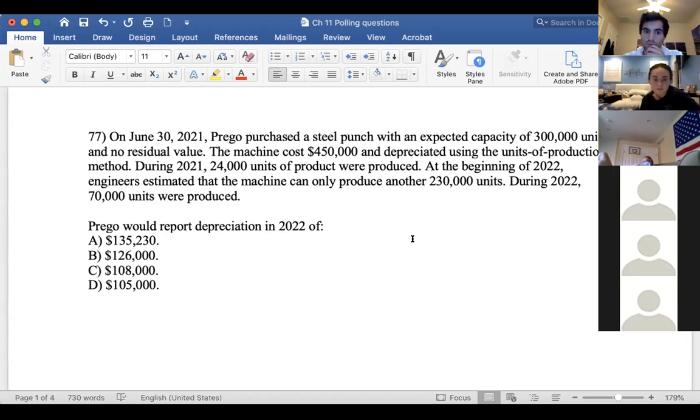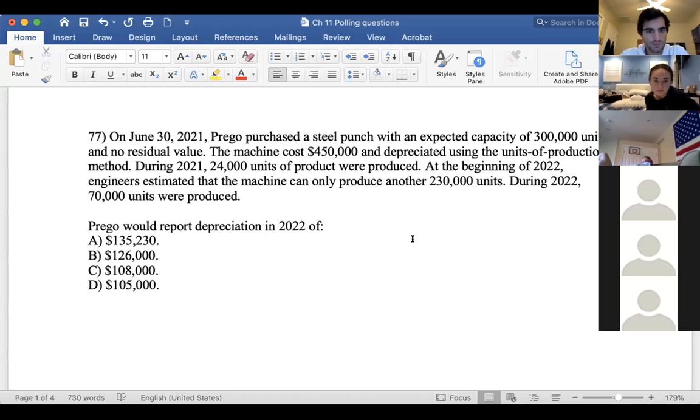But because I have 36,000 in my accumulated depreciation, my accumulated depreciation balance at January 1st of 2022 is 36,000. Because at December 31st, 2021, I debited depreciation expense and credited accumulated depreciation.